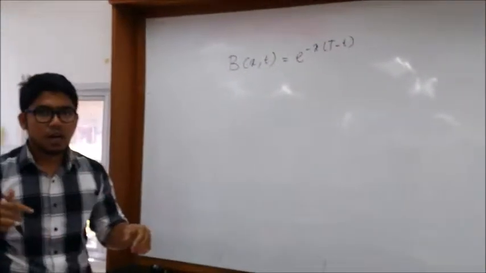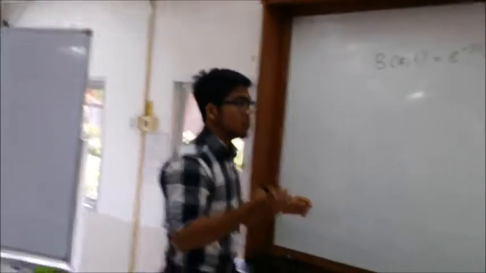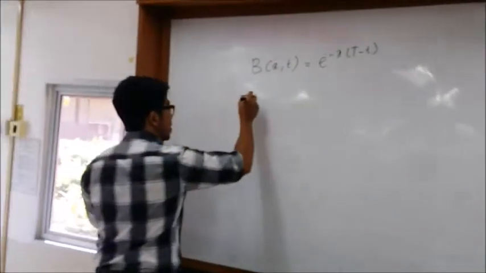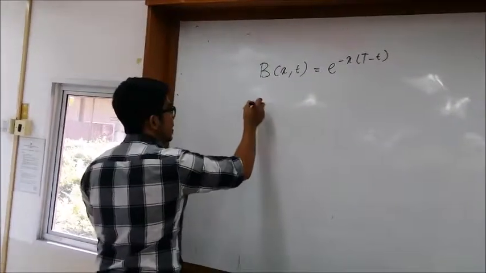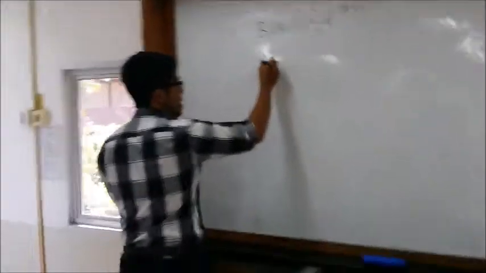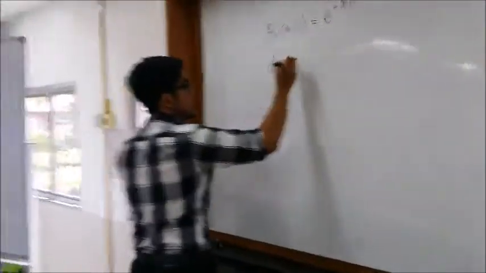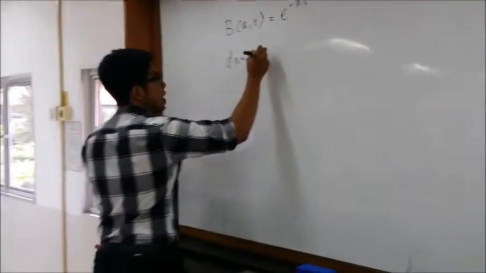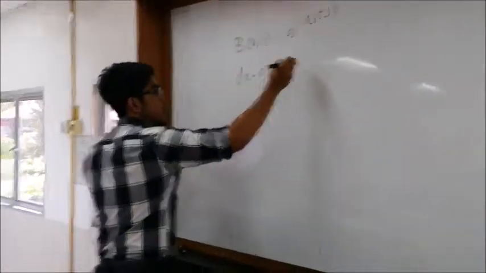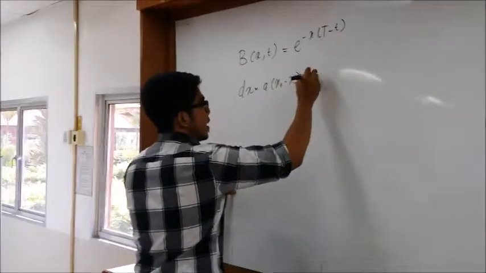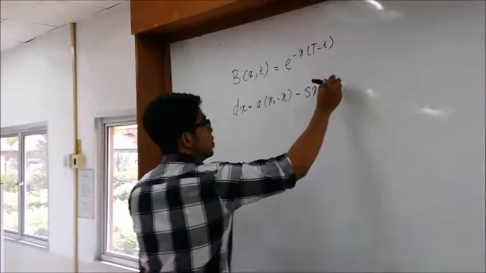So we must use Ito's lemma. Given from the question, dx is equal to a(x naught minus x)dt plus s x dW.